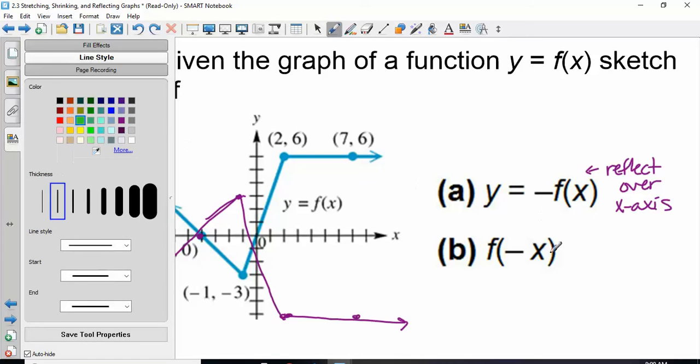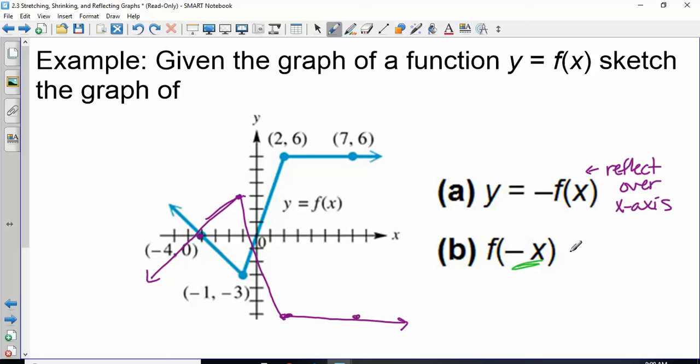All right. This one. If I make my x's negative, what does that do? Over the y-axis. So if I take my original and make my x's negative, this would go to -2, 6, -7, 6.